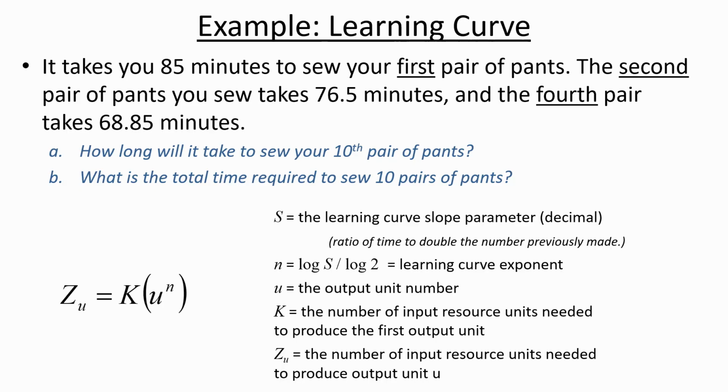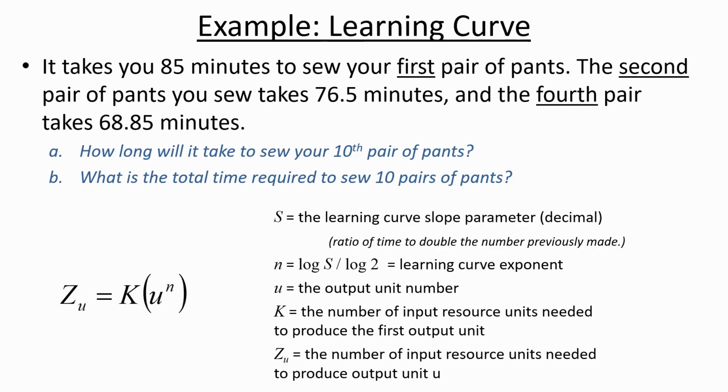So that defines S. Now what we want to know is how long will it take to sew the 10th pair of pants? So to predict how long it would take to sew the 10th pair of pants, we have to know the n value that applies. So remember, n here is defined as the log of S, so the log of 0.9 divided by the log of 2.